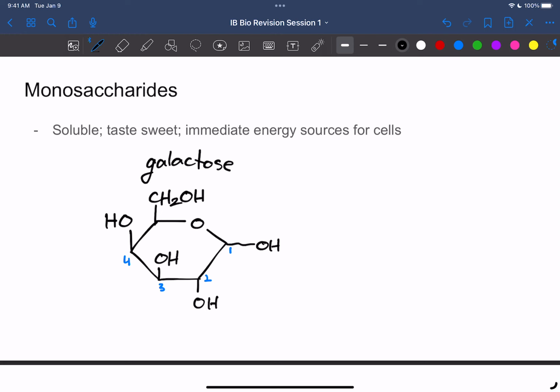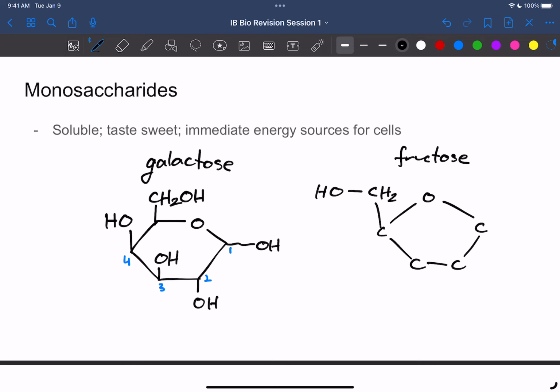Also, the arrangement of the carbons in the ring can give it a different name. Let's draw something like fructose. Well, if we look at this, it looks like it's 5 carbons. Well, it's not. It just has 2 of these methanol groups, which gives it 6 carbons still.